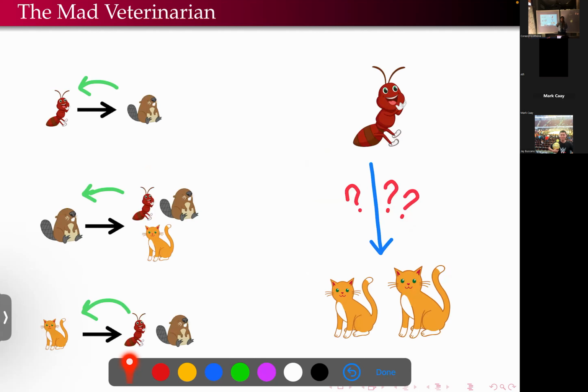Let's say that these are the other transformations that we get using the machine, this one that we see here, which means that if I put one ant, I get one beaver, and vice versa. If I put one beaver, I get one ant. And the question would be, if I have one ant and I use the machine again and again and again, and having different combinations of animals being put inside your machine, is there a way for me to get two cats actually?